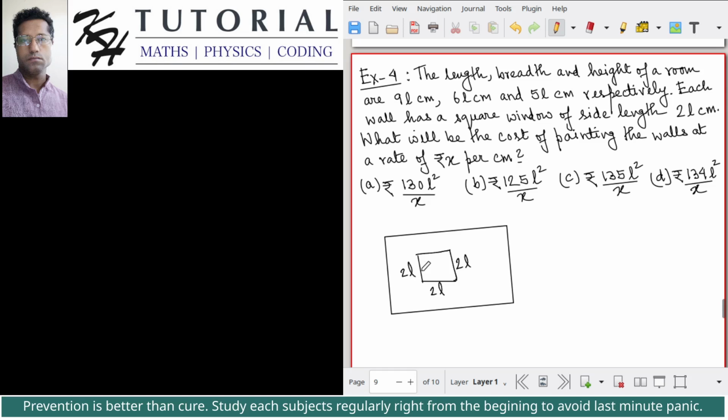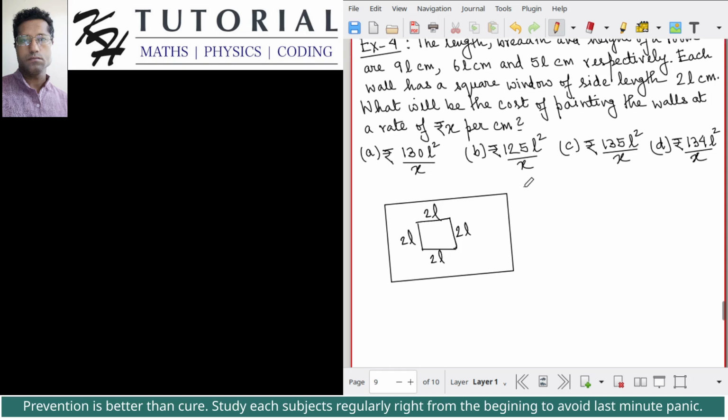Now, definitely while painting a wall, the window will not be painted. So if we have to paint all the four walls, but without touching the four windows, what will be the total area that needs to be painted?